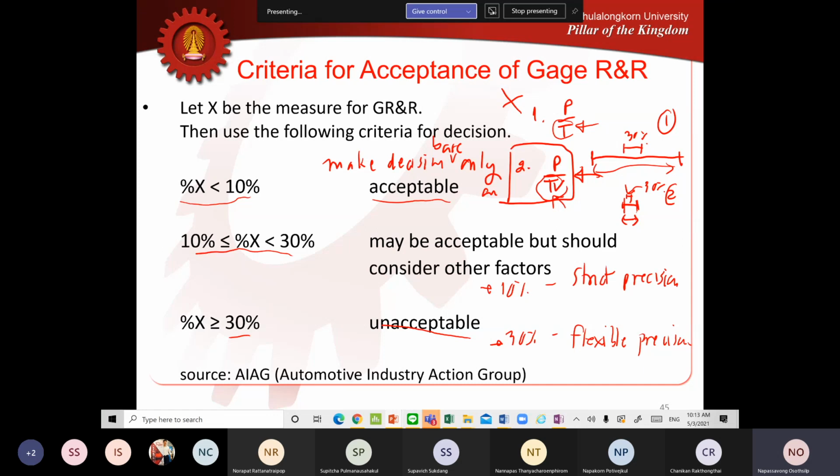Narapat, could you please explain why do we have to consider the indicator P to TV to judge whether we're going to accept the variation of the measurement system or not?